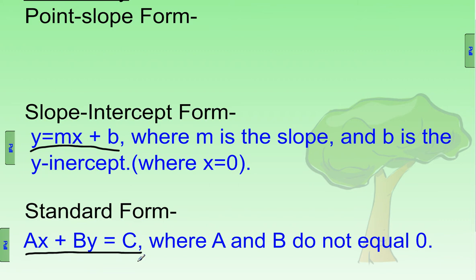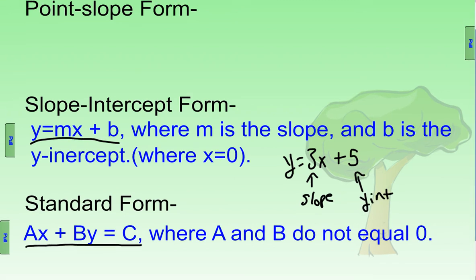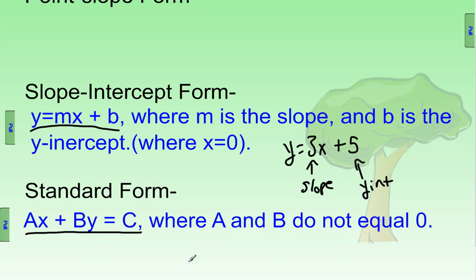To give an example of each of these with numbers instead of just all algebraic, if we have the formula y equals 3x plus 5, that is slope-intercept form, where this number is the slope, and this number is the y-intercept. For standard form, an example could be 2x minus 6y equals 12.